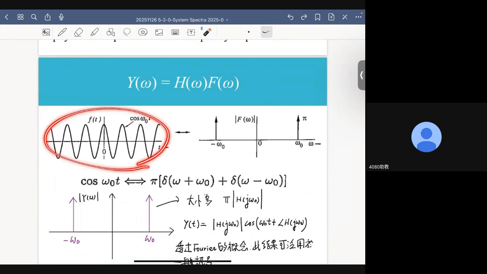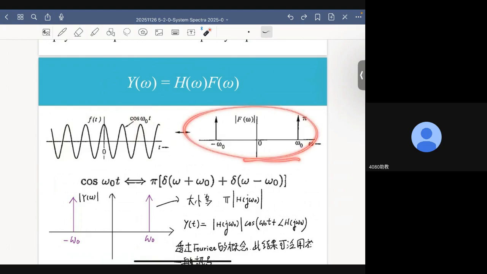Let's assume this is our input, which apparently is a sinusoidal signal whose frequency is omega 0. What is its amplitude spectrum? Of course, this is its amplitude spectrum. Being a sinusoidal signal, it only has one frequency component, which occurs at omega equal to omega 0.